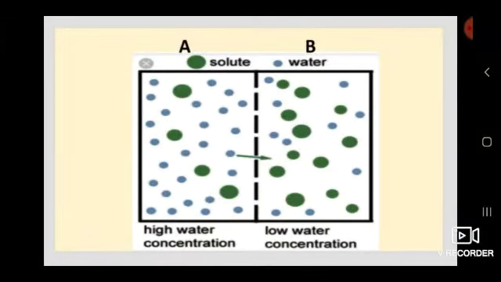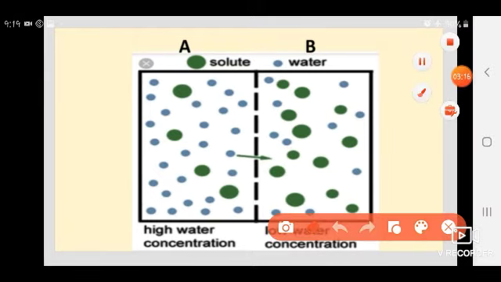See the picture. There is an A chamber and a B chamber. These two chambers are separated by a semi-permeable membrane. In chamber A, water molecules are high and fewer solutes are present.